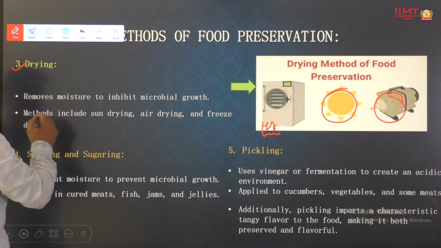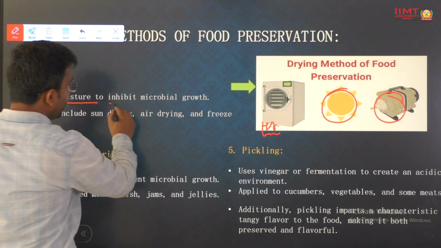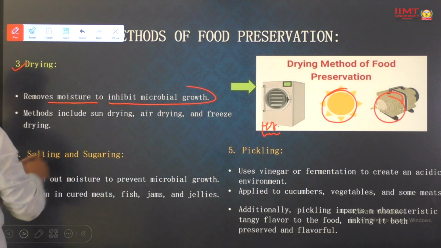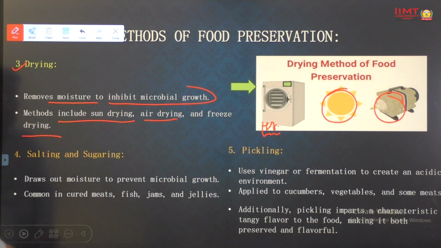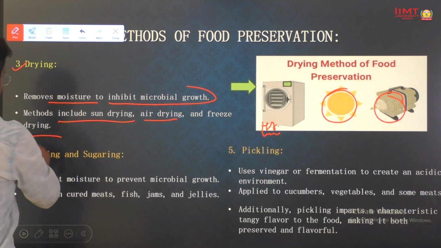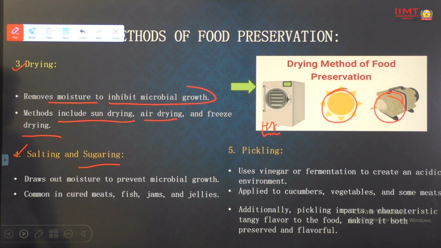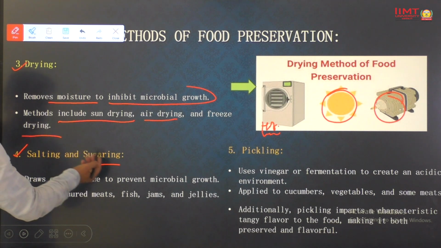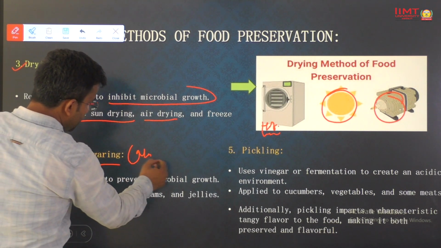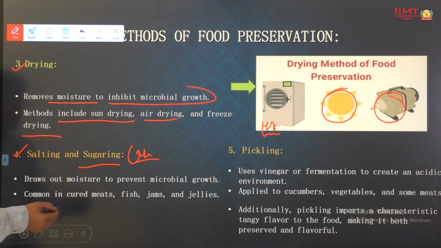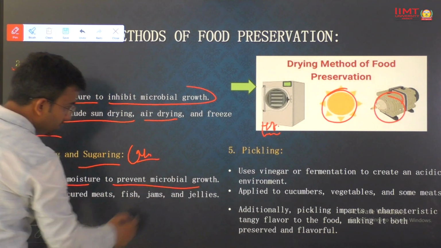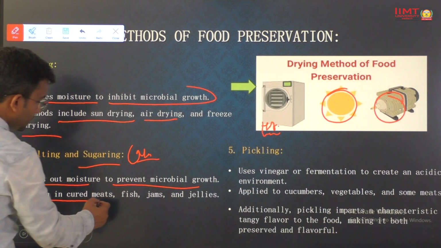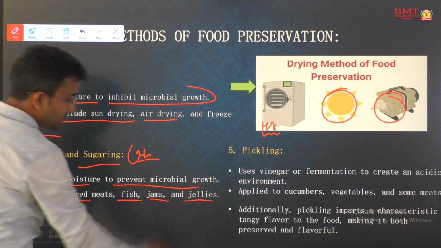The principle is to remove moisture and inhibit microbial growth, and the methods include sun drying, air drying and freeze drying, which we have also listed in the figure. And fourth is salting and sugaring. Sugaring and salting is a natural preservative, we are all aware of it. It draws out moisture to prevent microbial growth, and is common in cured meat, fish, jams and jellies.